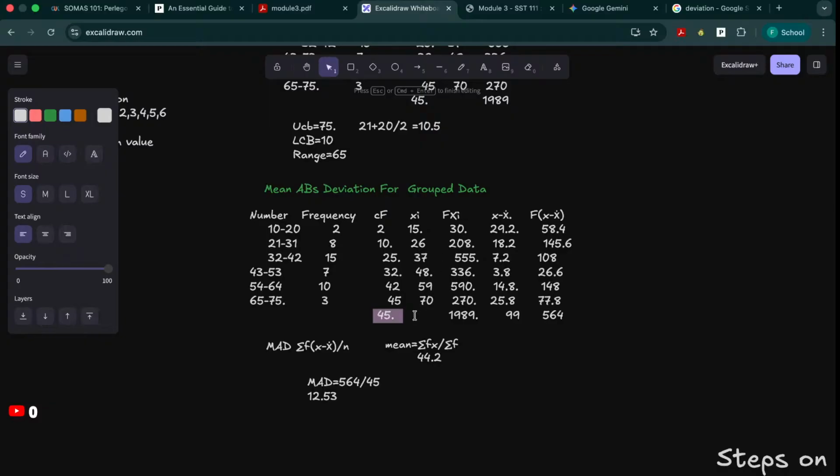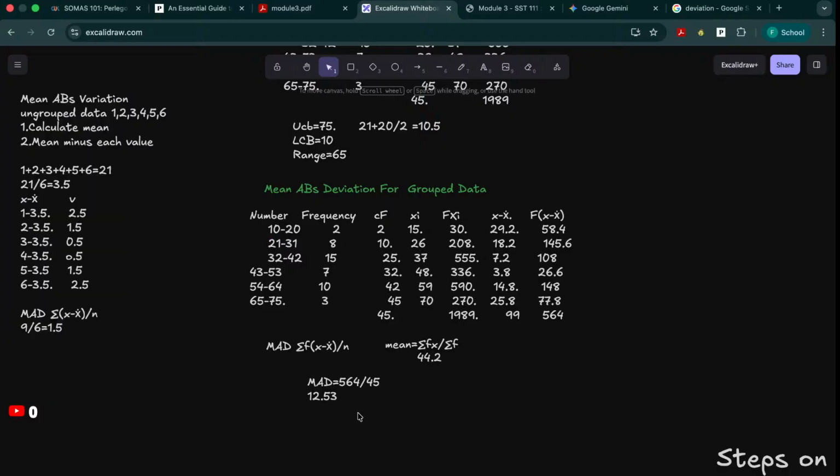After doing that, you are supposed to search for the midpoint. This is to show you how we get 15. You come here to your classes, you add them, and you take an average. For the first class, you are supposed to find the class boundary, to know the gap between these.